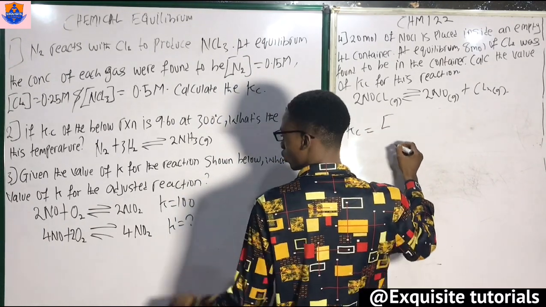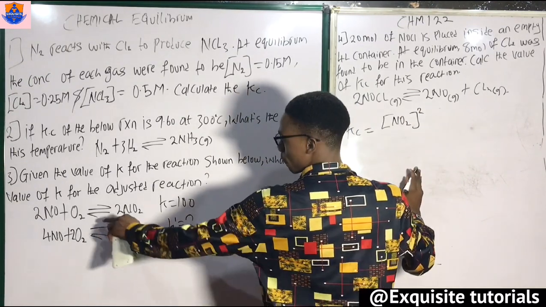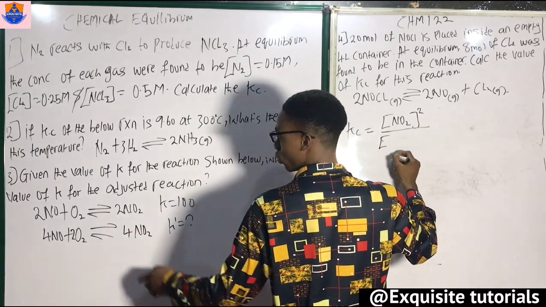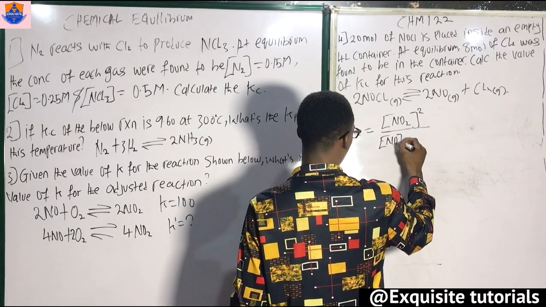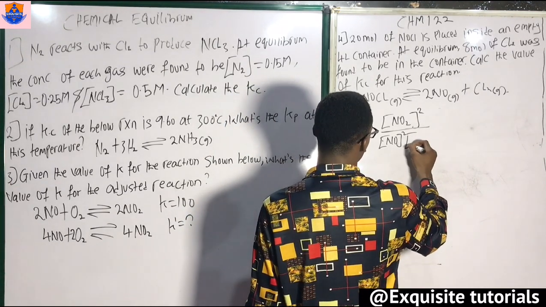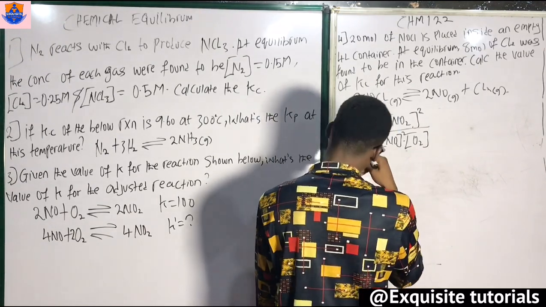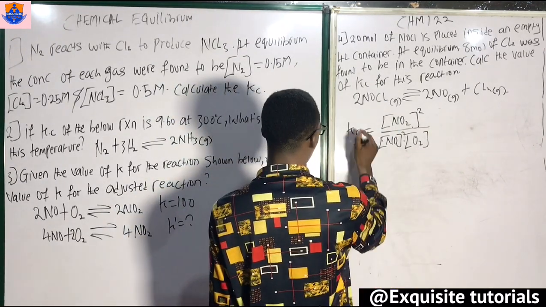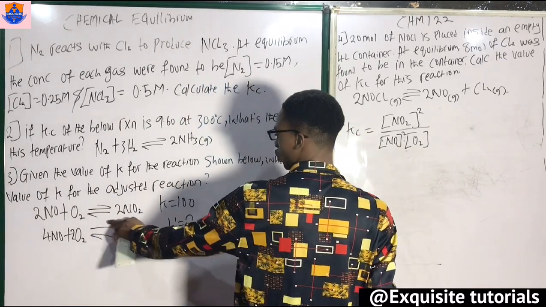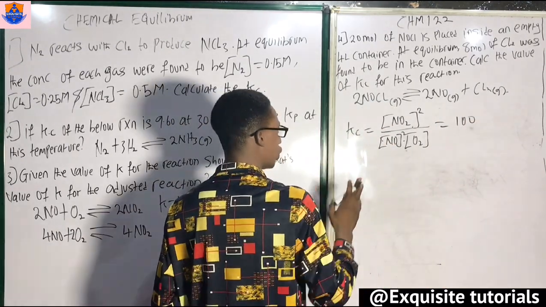This should be the concentration of NO2 raised to the power 2, over the concentration of NO raised to the power 2 times the concentration of oxygen raised to the power 1. So this is the Kc for this reaction, K1, and it was equal to 100.